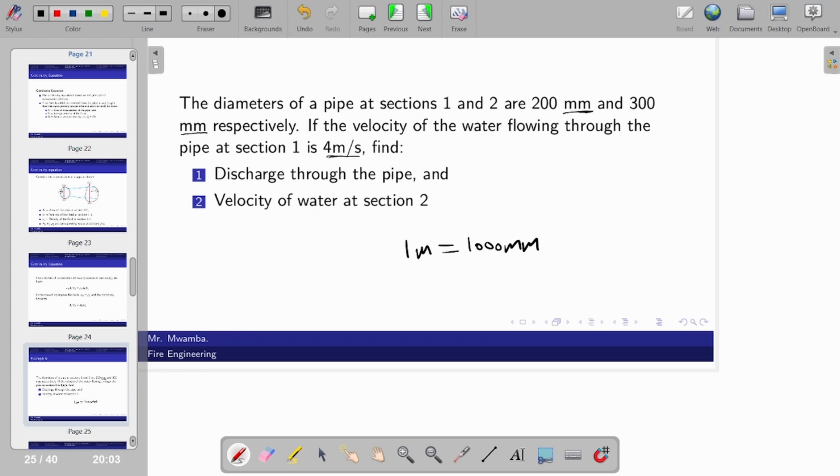The question says find the discharge through the pipe and the velocity of water at section 2.